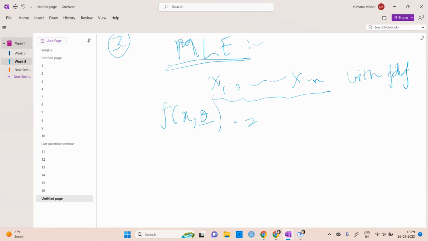We know that if x1 up to xn are independently and identically distributed random variables with any parameter, then what is their joint distribution? Does anybody want to answer this?